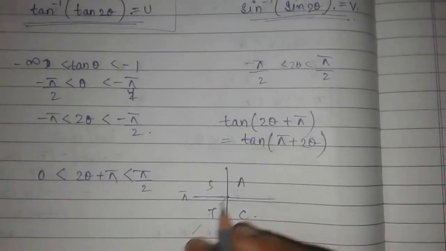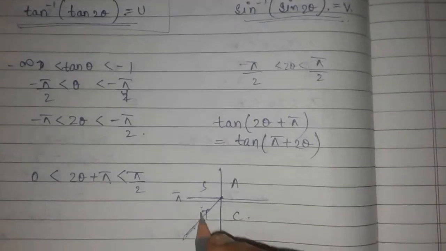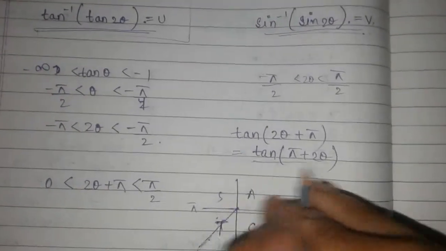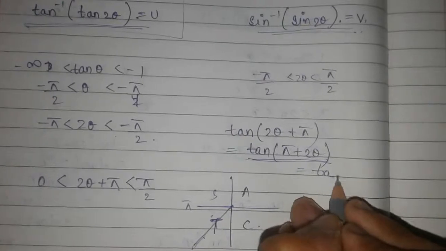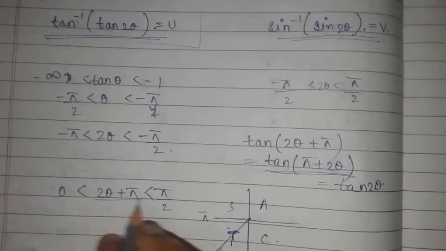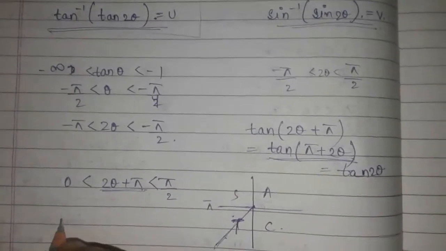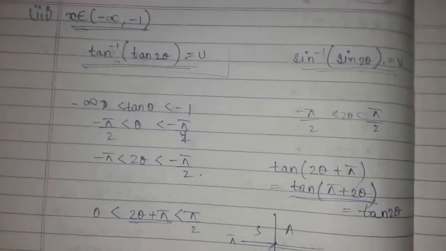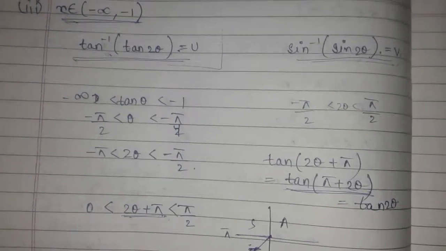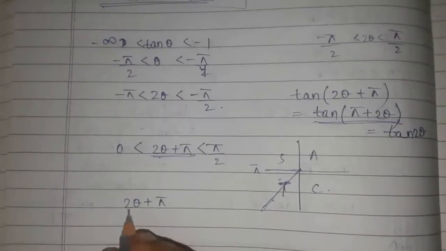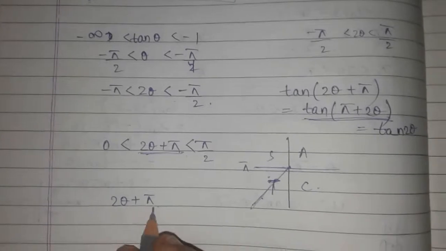And pi plus 2 theta brings us somewhere over here, the region where tan is positive. So this quantity is positive and this is tan of 2 theta. So this did not cause a change in the magnitude. So u can be directly evaluated to 2 theta plus pi in this range.